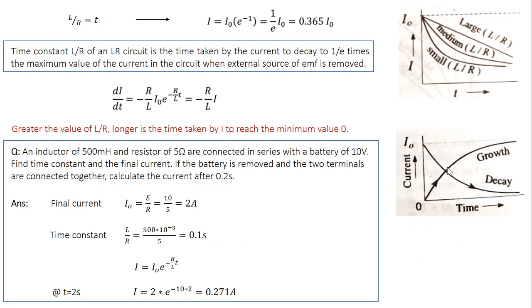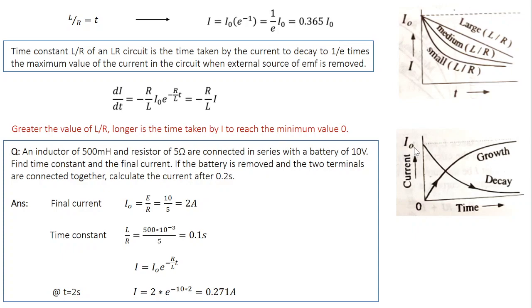But the moment you introduce an inductor, because of the back EMF, there is no instant response, there is only a gradual response. So instead of instantly increasing from 0 to I0, this is gradually increasing from 0 to I0.